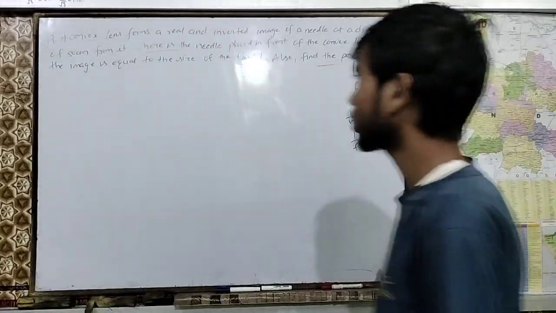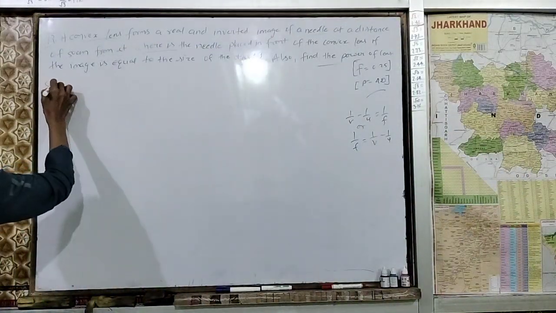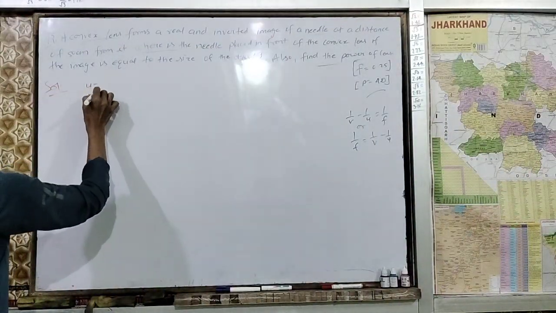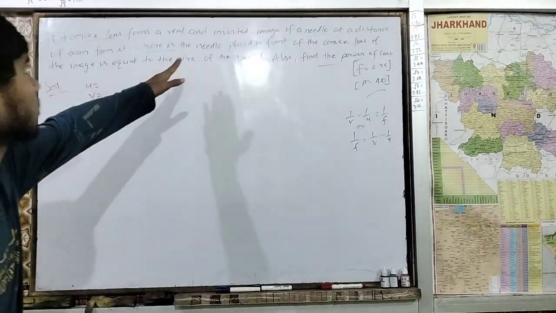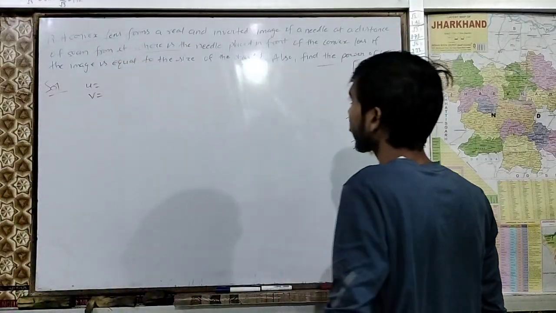So tell me, what will be u and v? As you can see, we have 50 centimeter from it, so it's nothing but the image distance.